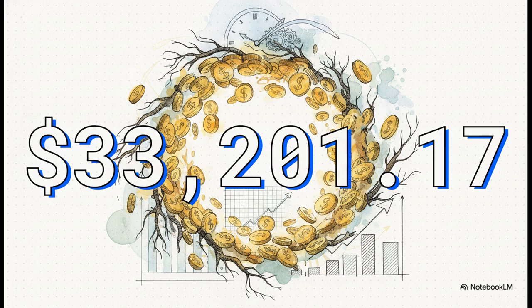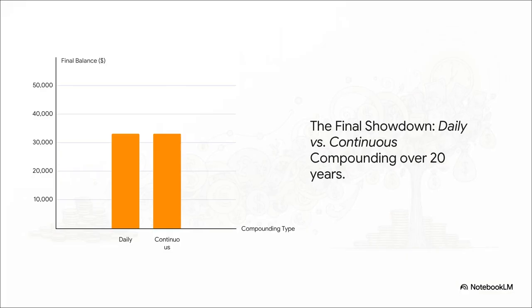So using our same example from before, if we compound that $10,000 continuously for 20 years, we end up with $33,201.17. Now let's put that right next to the number we got for daily compounding. All right, time for the final showdown, daily versus continuous. And wait a second. Look at that chart.